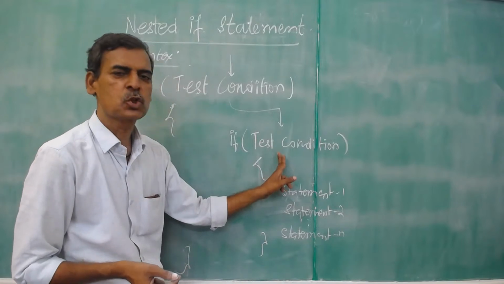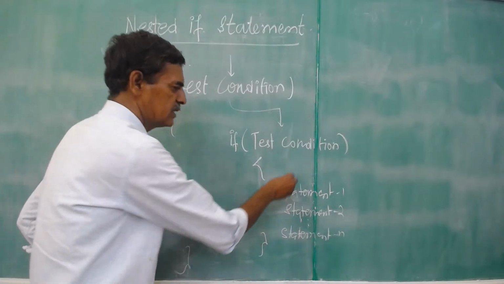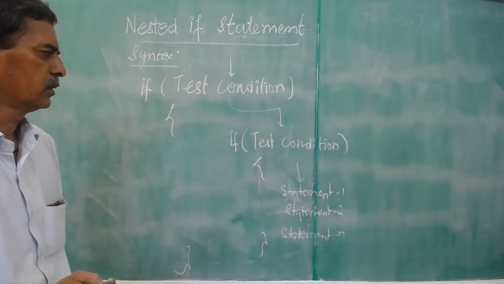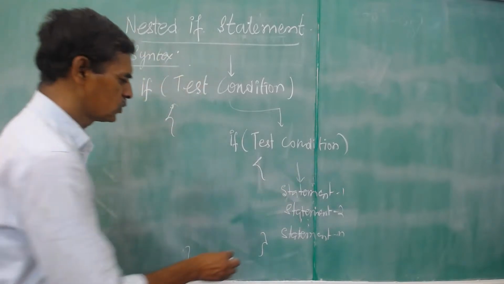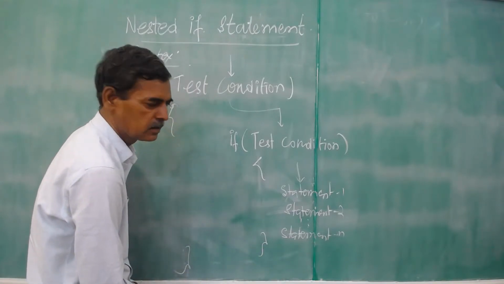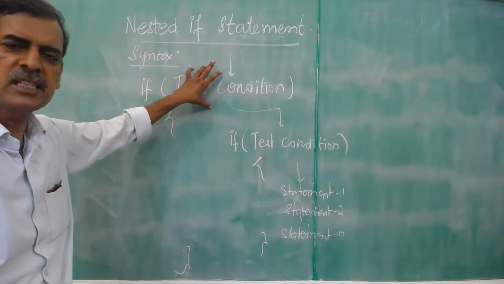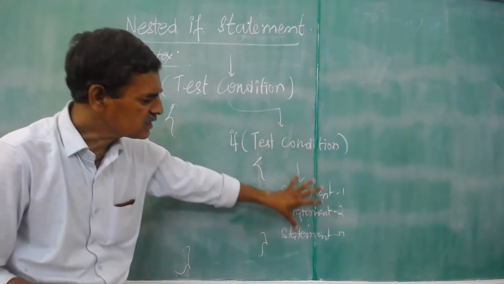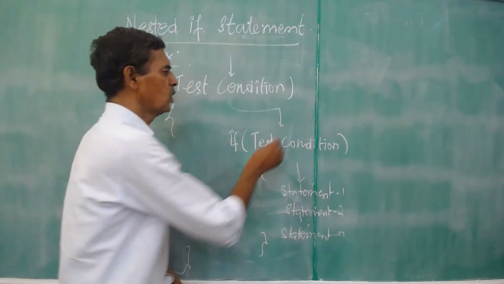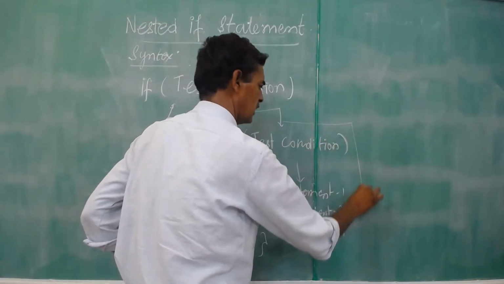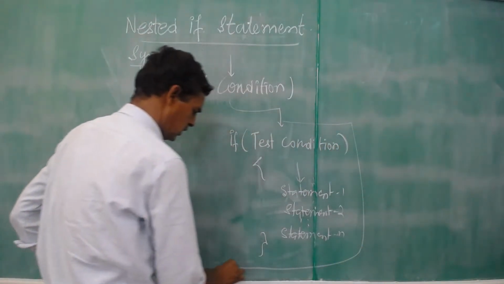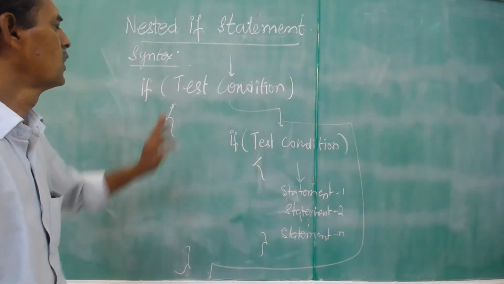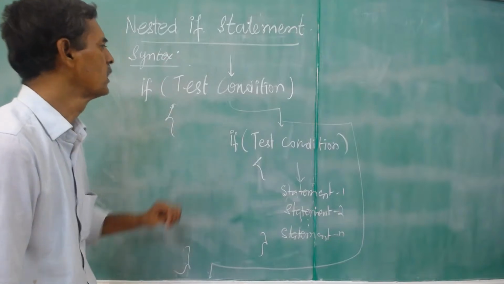If this test condition is true, the statements inside the block are executed. Then it goes to the next statement. If this test condition is false, these statements are skipped. It goes out of the inner if block and goes to the next statement. Is it clear?